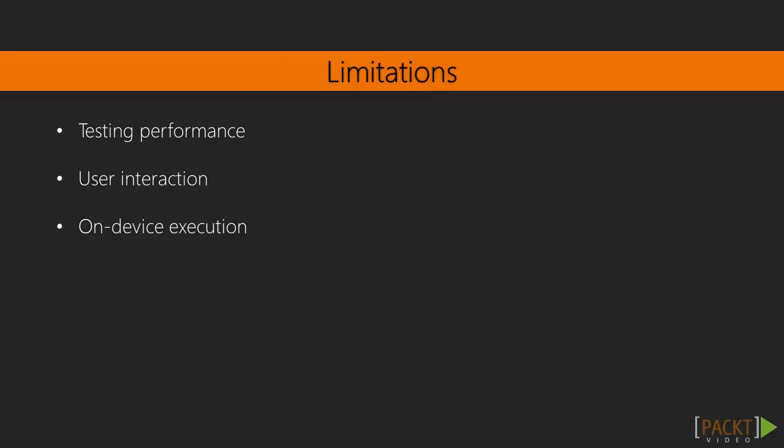Let's see some limitations that we have with the use of Playgrounds. Playgrounds should not be used for performance testing, mainly because the logging of the results will generally dominate the runtime, not the actual code. This means the actual performance will not depend on whatever you're developing, but instead on the number of lines of code executed. Playgrounds cannot be used for things that require user interaction, like showing live views.